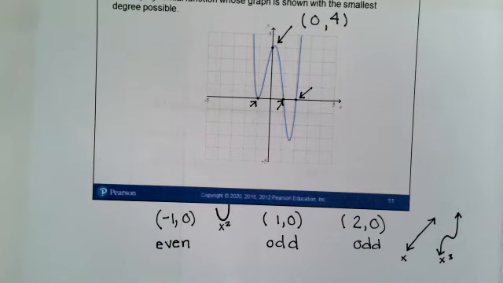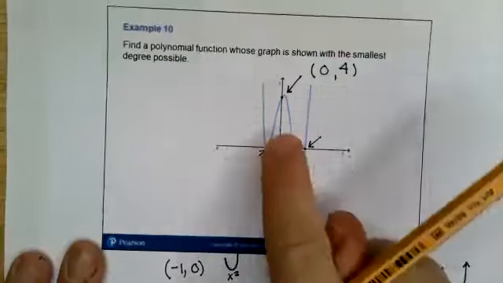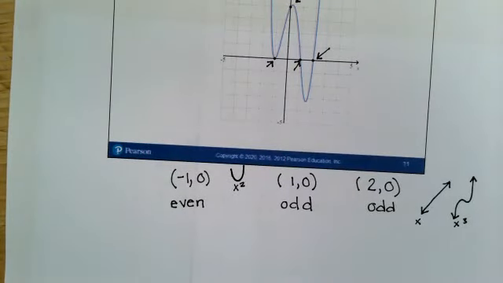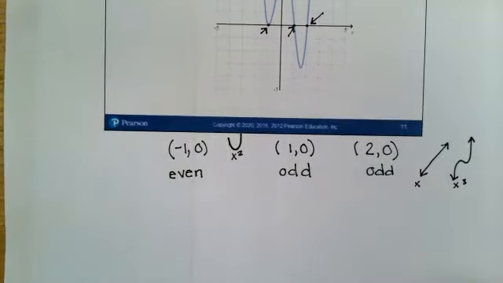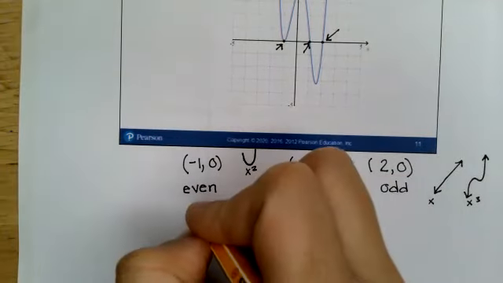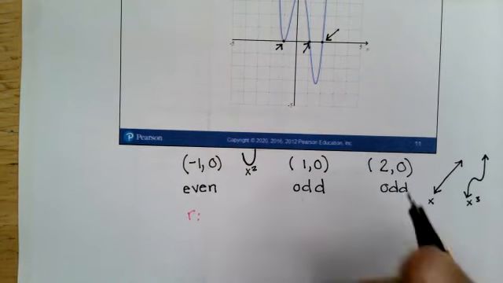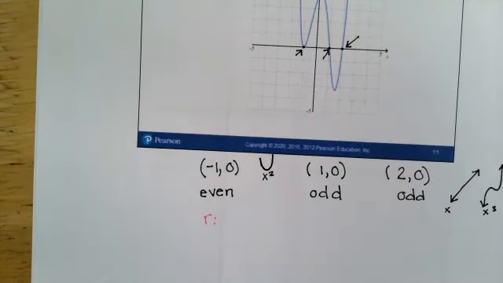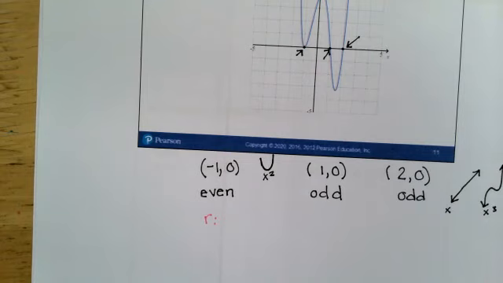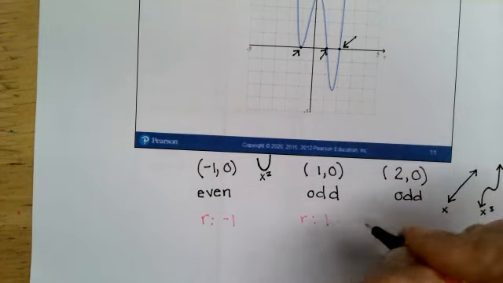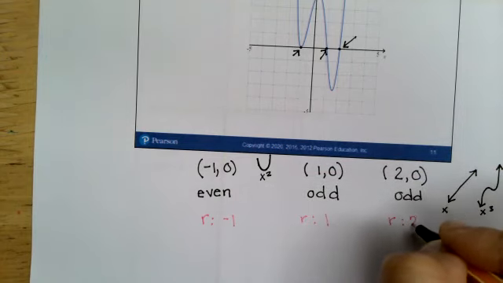So we found all of our intercepts, right? Now we can say the real zero of (-1, 0) is -1, the real zero of (1, 0) is 1, and the real zero of (2, 0) is 2.